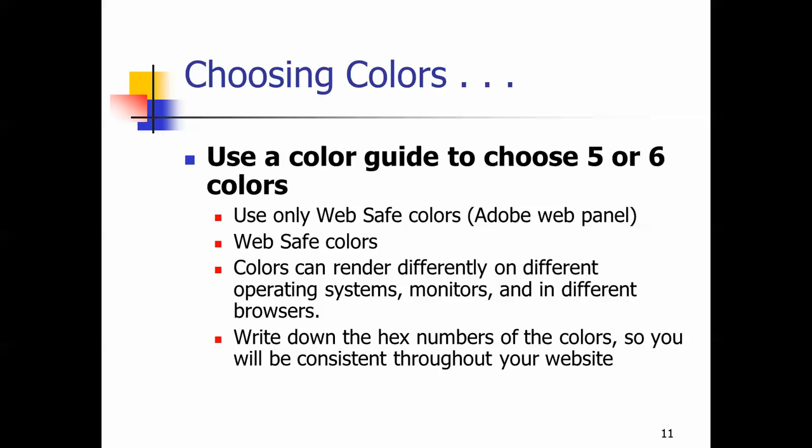Okay, so when choosing colors, like I said before, choose 5 or 6 colors. Use only web-safe colors. Colors render differently on different operating systems and monitors and in different browsers. And you should write down the hex numbers so you can be consistent throughout your website with the color.